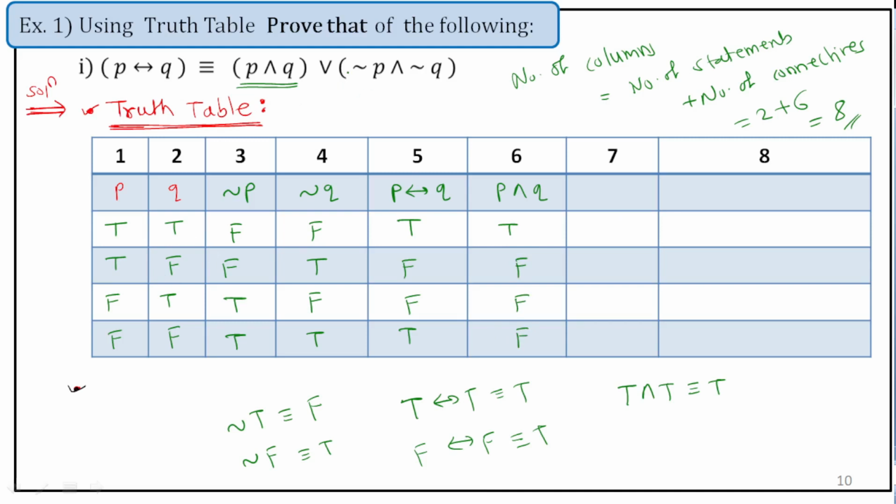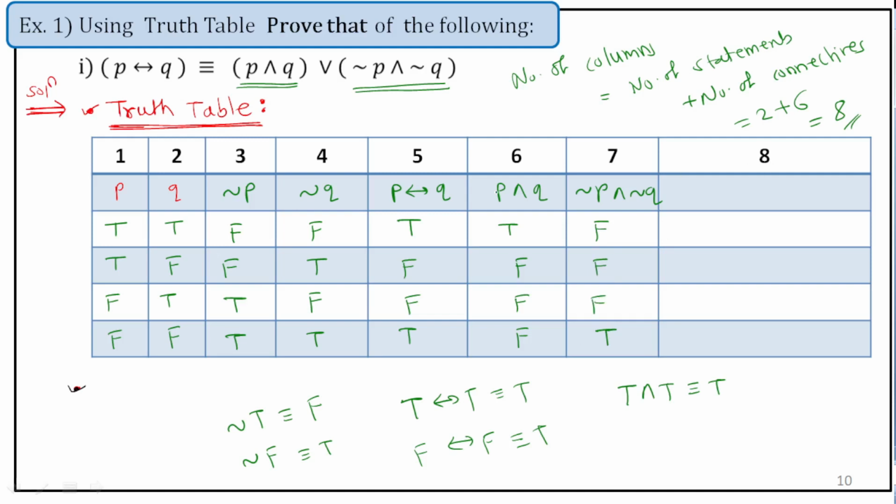Next column: find negation P and negation Q. F and F, F and T, T and F, all false, and T and T is T, so the last row is T and the remaining are all false.